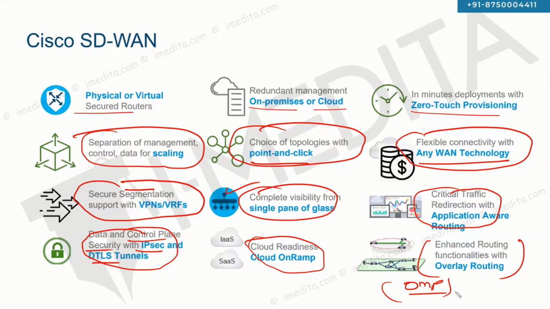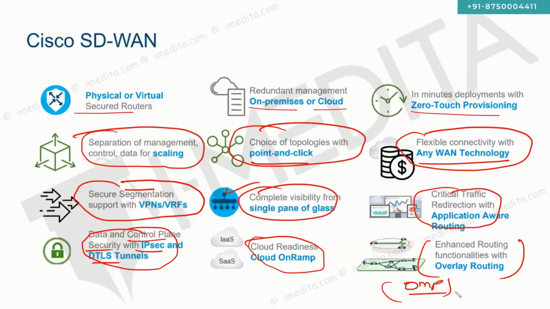Early on, Viptela launched this OMP protocol, but once Viptela was acquired by Cisco, OMP also became a Cisco proprietary protocol. OMP is the new overlay protocol, and it does not support any other protocol in overlay. You do not have any choices other than OMP for overlay routing.